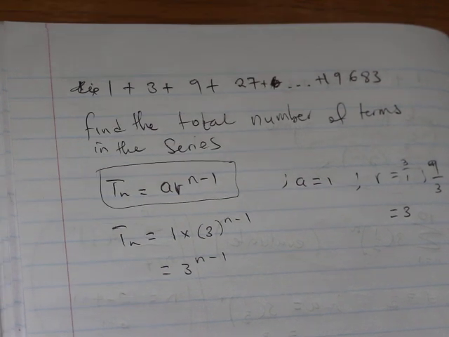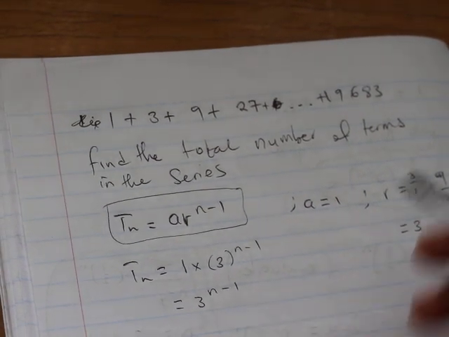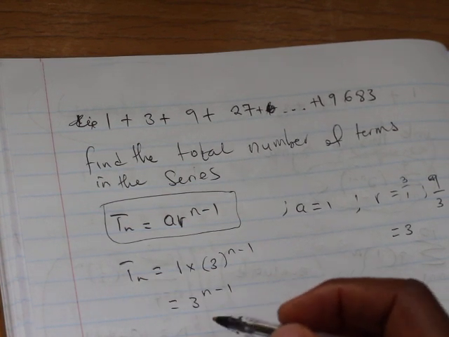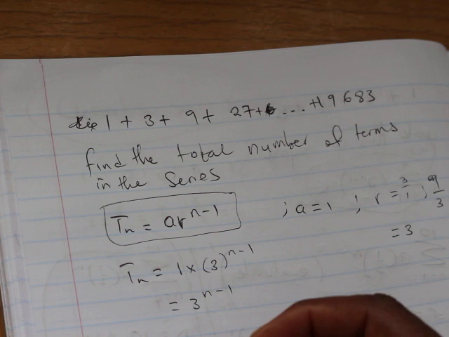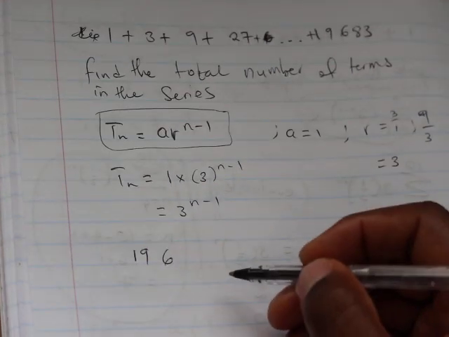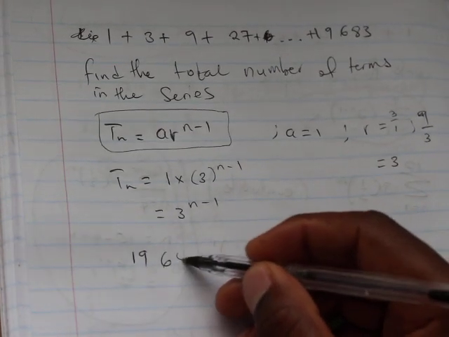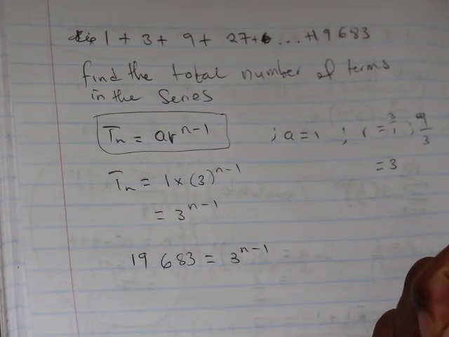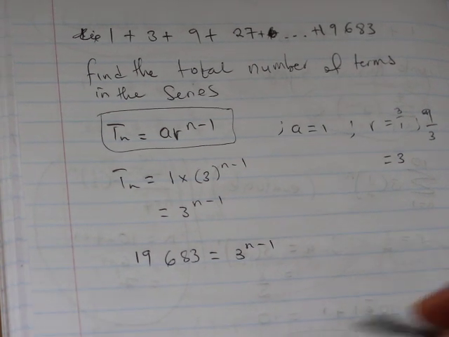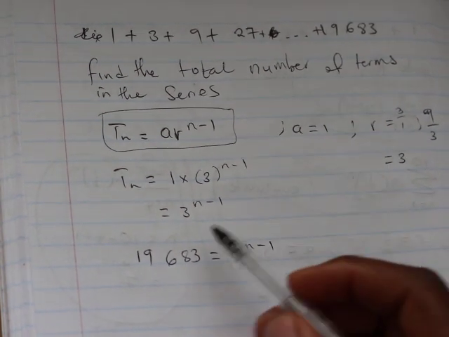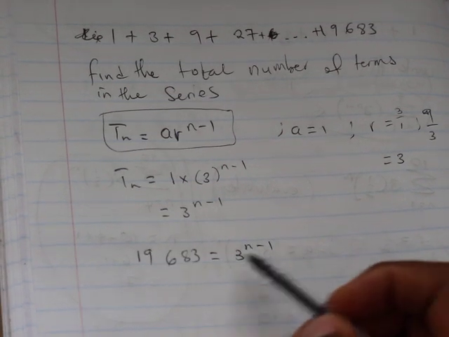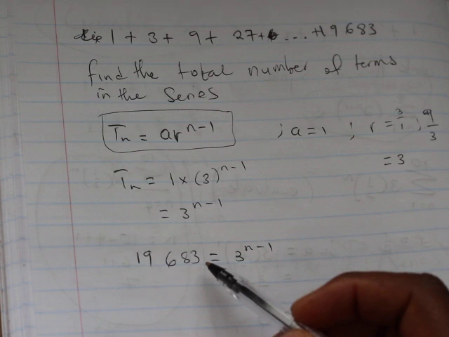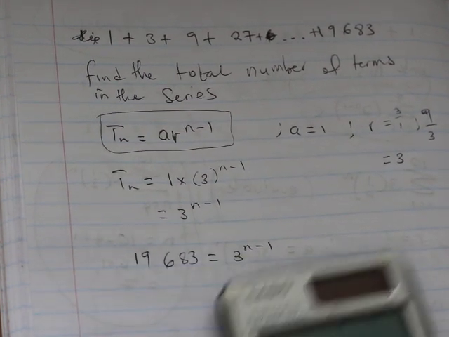Okay, so now we're going to say, to find the position of the last term, we simply substitute the last term in place of Tn. That's what we've always done, even in grade 11, finding the position. So 19,683 is equal to 3 to the n minus 1. Now, can we write the left hand side as base 3?